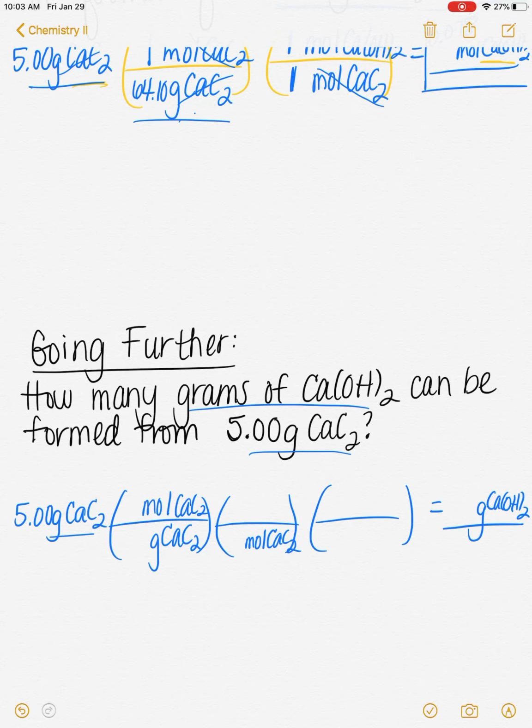And my mole map said after I get to moles of CaC2, I can change that to moles of calcium hydroxide by using the balanced equation. But I don't want moles of calcium hydroxide. So I'm going to put that in the denominator, and I'm going to put grams of calcium hydroxide on top. Now I just need to figure out my numbers.